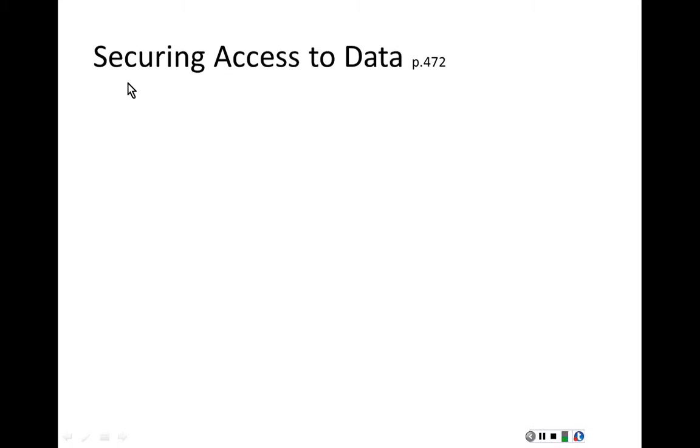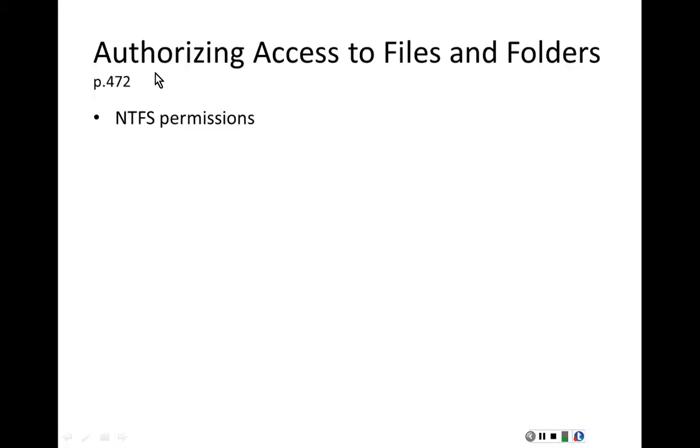Now let's look at securing access to data, securing access to confidential files such as bank accounts or payroll. And this falls under the general heading of authorization. Authorizing access to files and folders, NTFS permissions, and I know we've already talked about NTFS permissions.